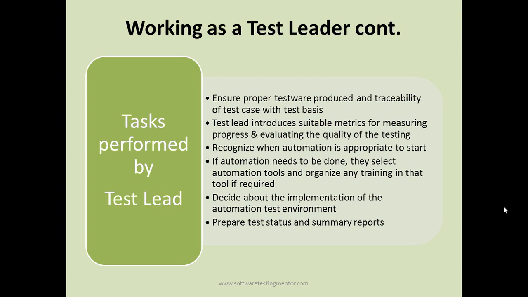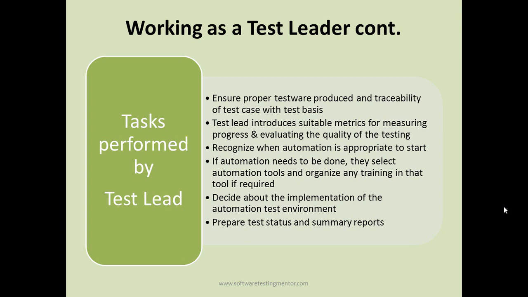So if he feels that phase 1 of the release has been done and there will be a need for regression testing in the next phase, he decides when to start the automation, so that there is less manual effort required for repetitive tasks. And if automation needs to be done, he evaluates different automation tools, organizes any training effort, and organizes a team who will be doing the automation if any training is required for that team. So all this is done by the test lead.